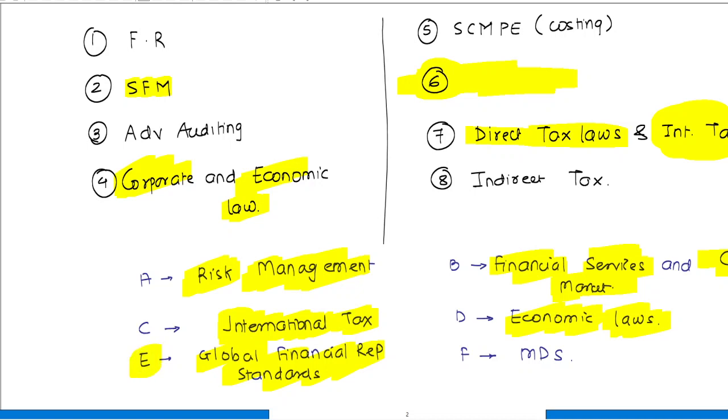And the last one is multidisciplinary case study. Generally, people don't opt for this subject, because in it you will have case studies based on each and every subject that you have studied, like on taxation or indirect taxes.